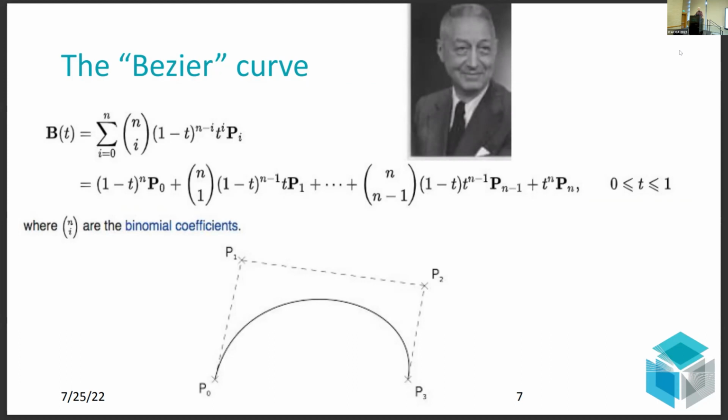He played around with these polynomials and came up with this formula, a different basis function, where the coefficients, the control points, had a geometric meaning for the designer.